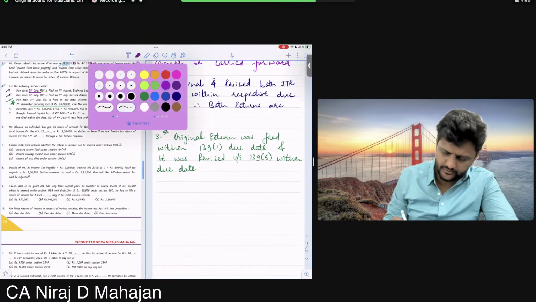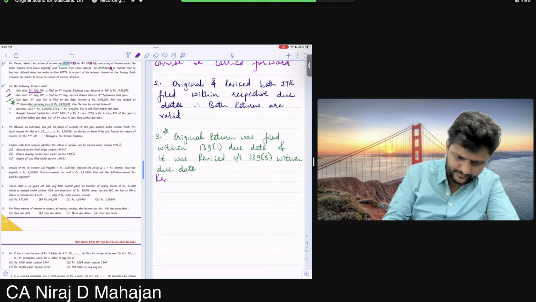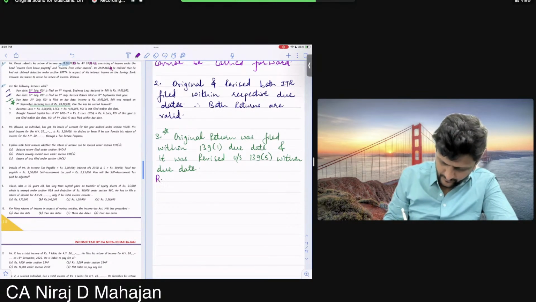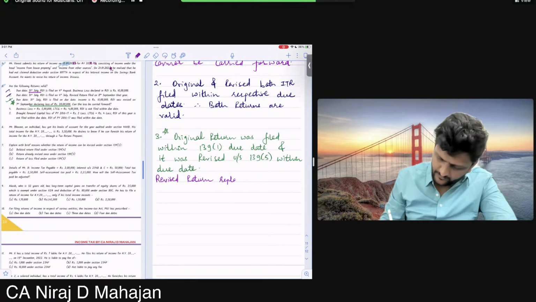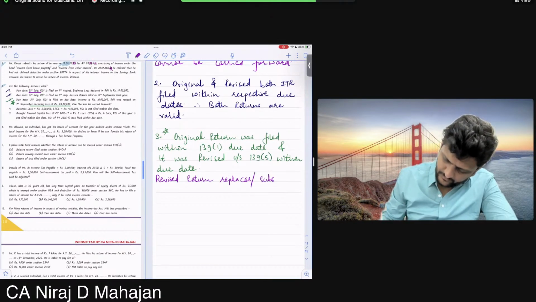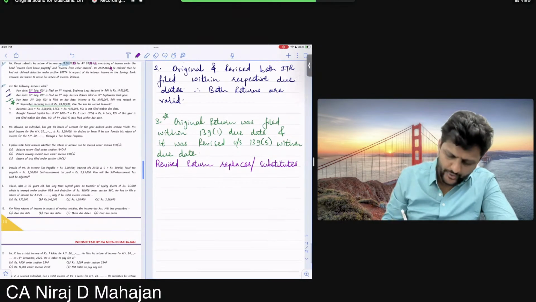Next important point: the revised return replaces, substitutes the original return.